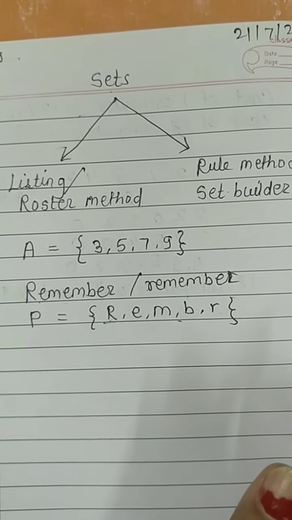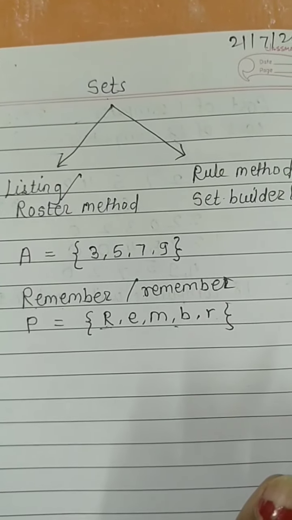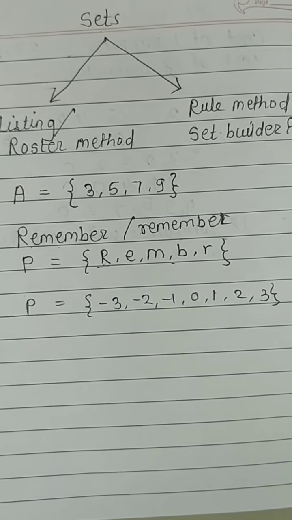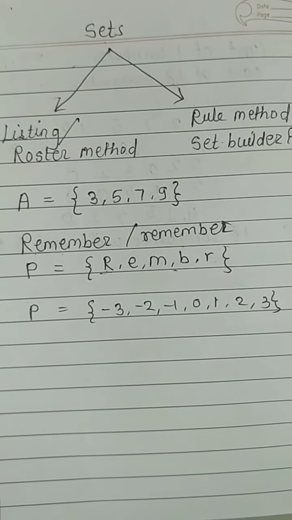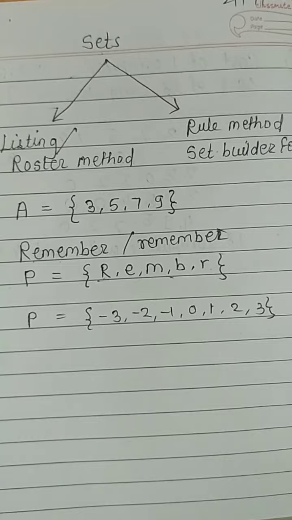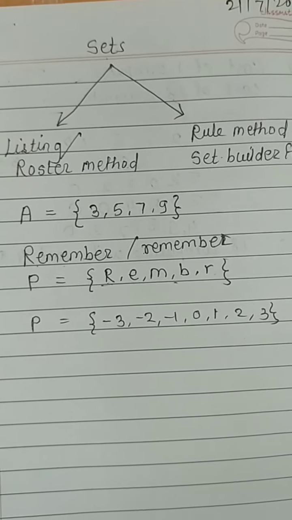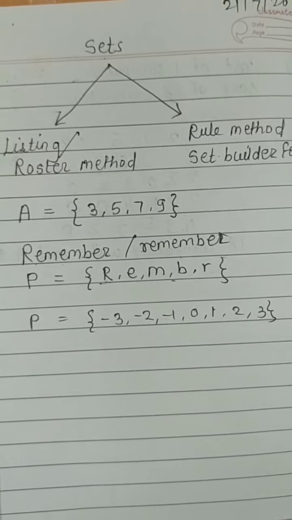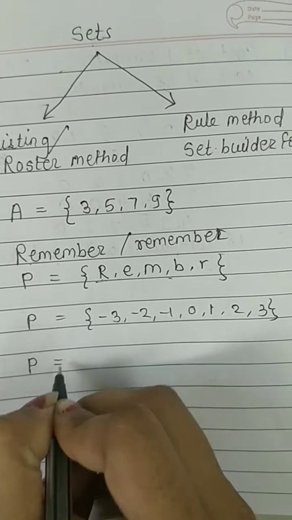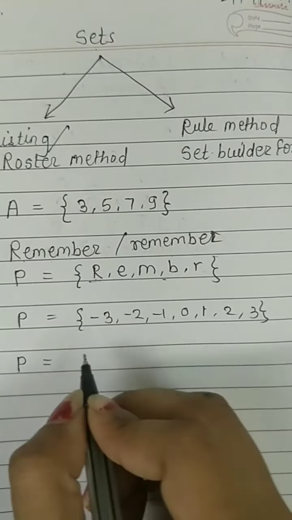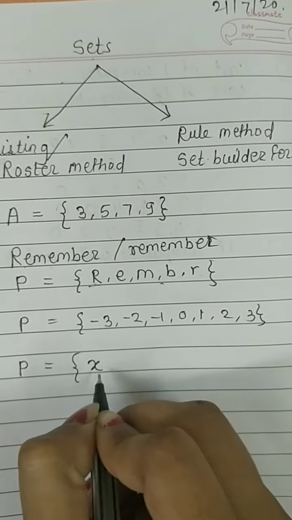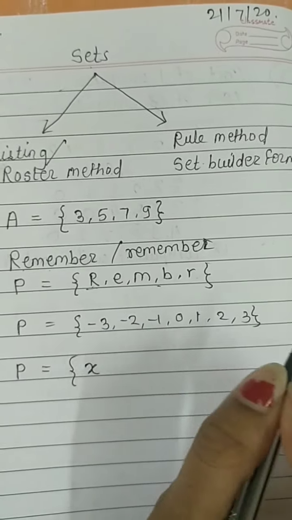Now we will see what is the rule method or set builder form. Given P is a set of elements which has -3, -2, -1, 0, 1, 2 and 3. These are the elements given. Now how will you write this set in set builder form? In set builder form you don't need to write every element, you assign a variable for that. Let's say x, and this x will take the values of these.